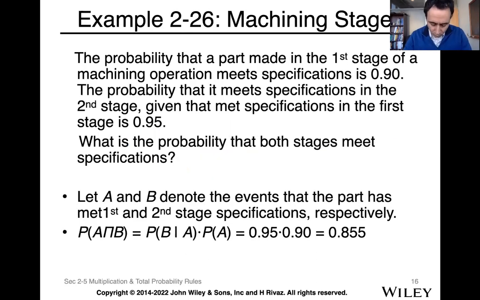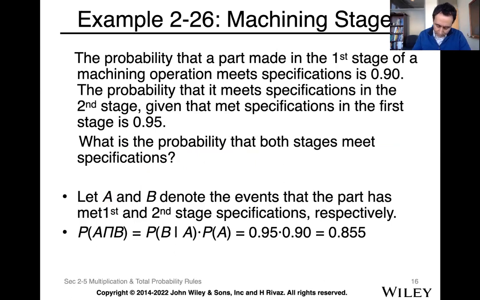Okay, so the probability that a part made in the first stage of a machining operation meets specification is 0.9. So we denote A as the probability that the part meets specifications in the first stage, right?